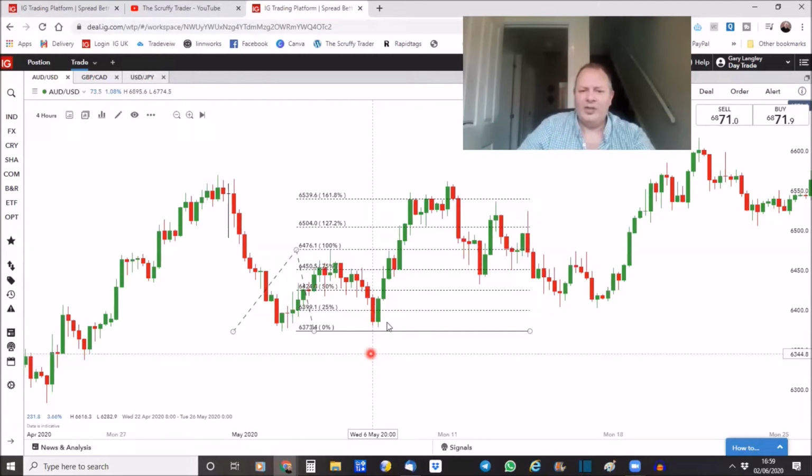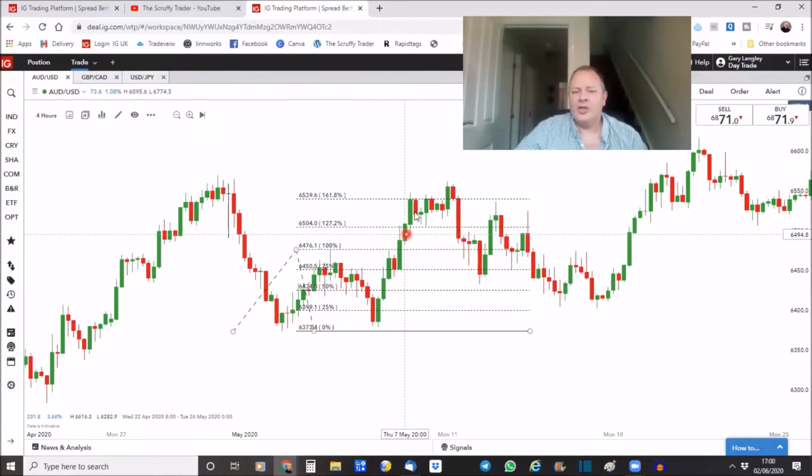And if you have a look at the way the price responds to those levels, it's based on this. Yes, it blew through that, but it stopped on the 127.2. Could be coincidence because the candle would have timed out at that point.